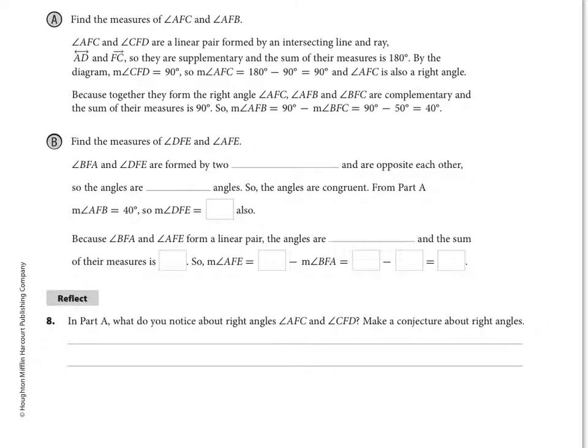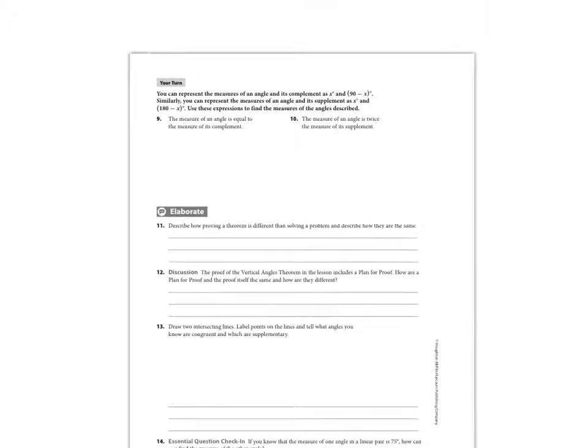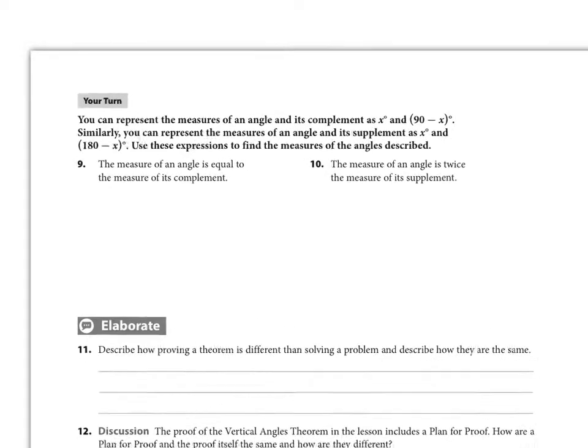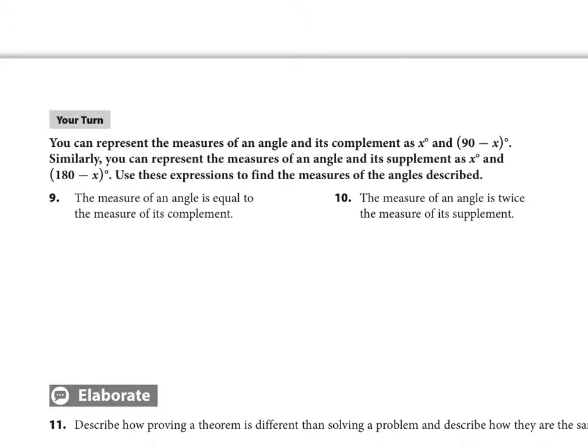So let's go to our your turn. We are on page 938. So here we have the measure of an angle and its complement, right? Complement means that, here I'll put an example up at the top for you.